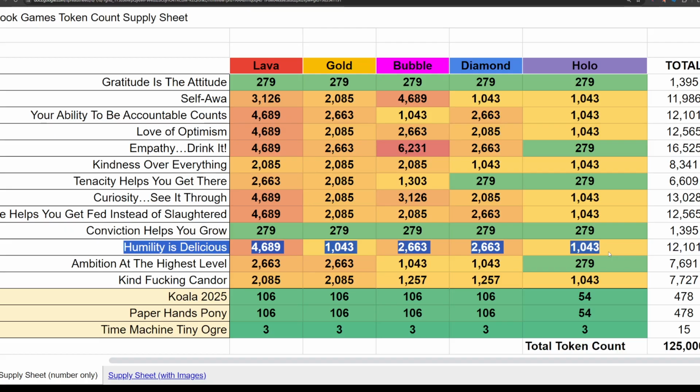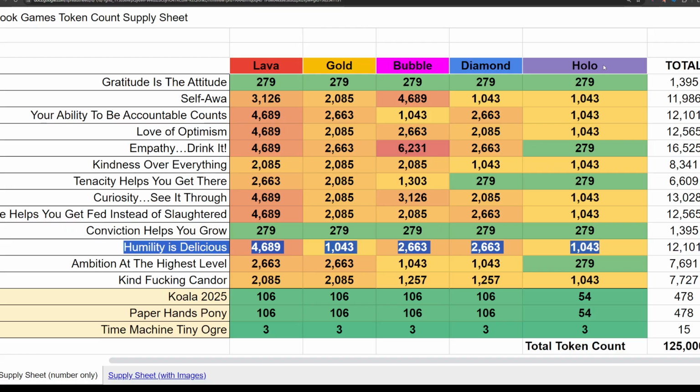This is important because you might not realize, or the market might trade at a premium based on its perceived value in terms of where it ranks in terms of lava, gold, bubblegum, diamond, and hollow.